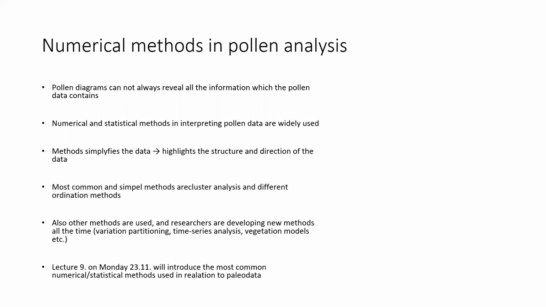These include variation partitioning, time series analysis, different vegetation models, and so on. You will hear more about these statistical methods and how to analyze pollen data statistically in Jon's lecture on Monday, 23rd of November. Therefore, I'm not going more into this, but you will learn more then.